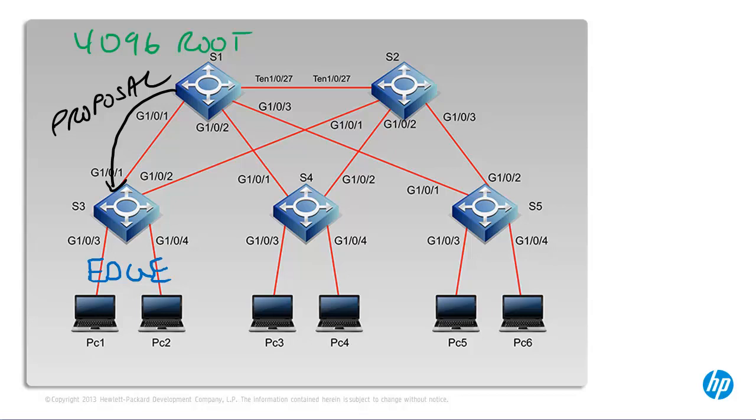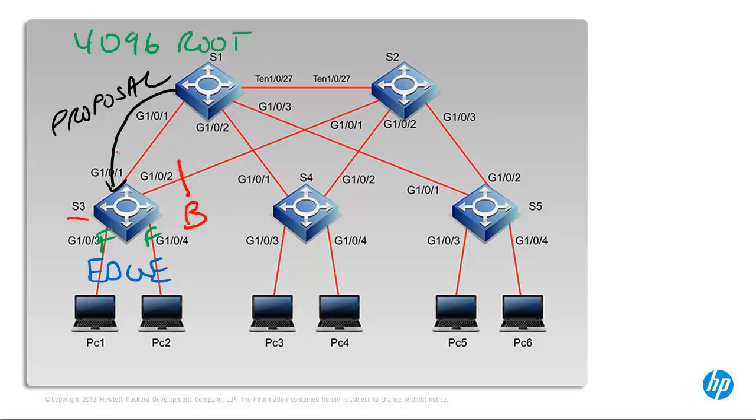In this case, when the proposal message is received, the edge ports will stay forwarding. So their state will remain at forwarding. However, all other ports that are not edge ports go blocking. They are synced. In other words, this port is blocked. That prevents a possible loop.